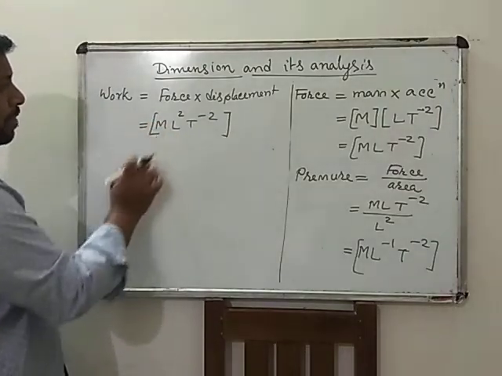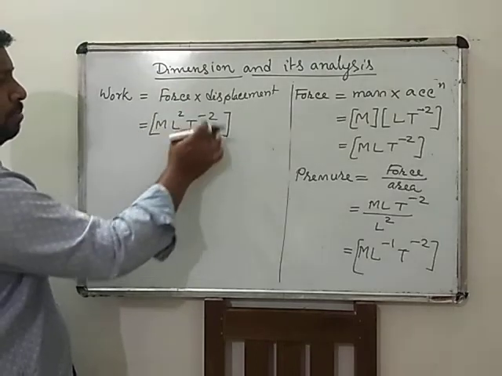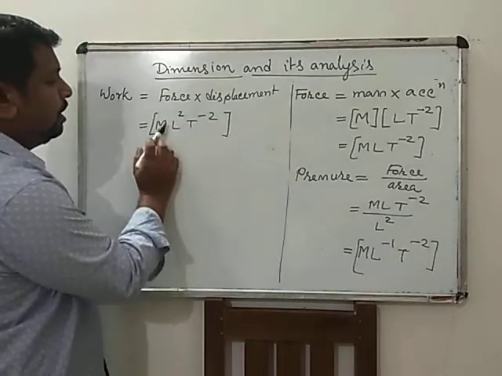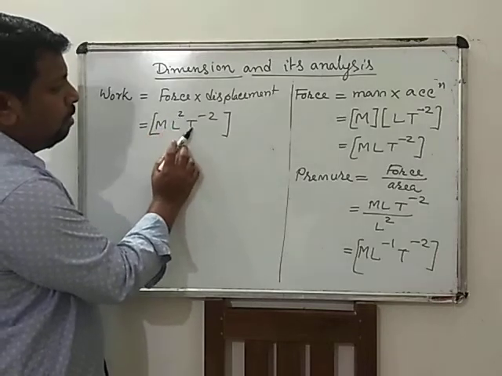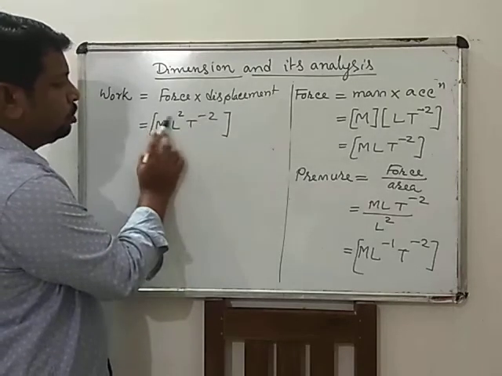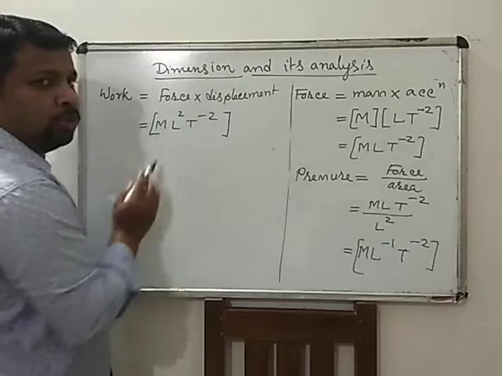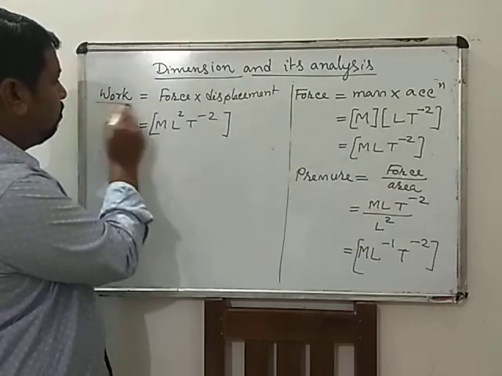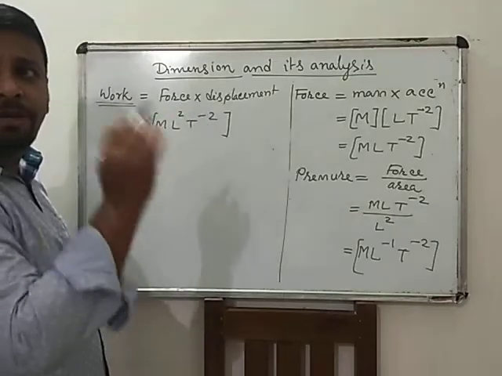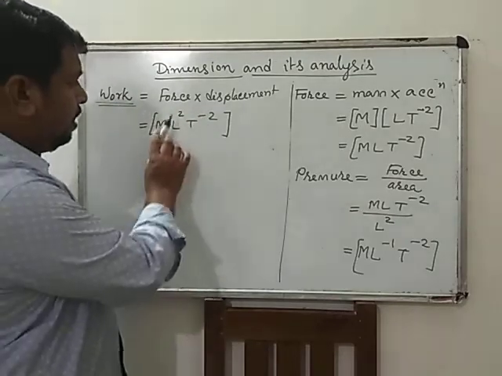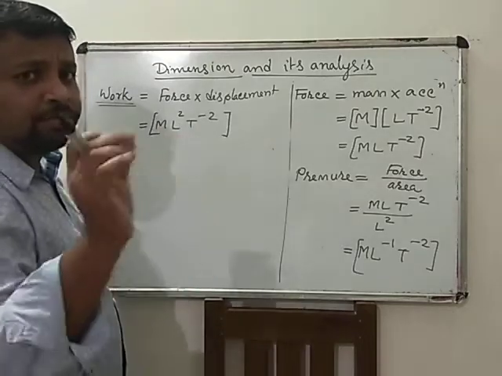The dimensional formula of work is M L square T inverse 2. Here you see the power of M is 1, the power of L is 2, the power of T is minus 2. So 1, 2 and minus 2 are the dimensions of work. M L square T inverse 2 is the dimensional formula of work.